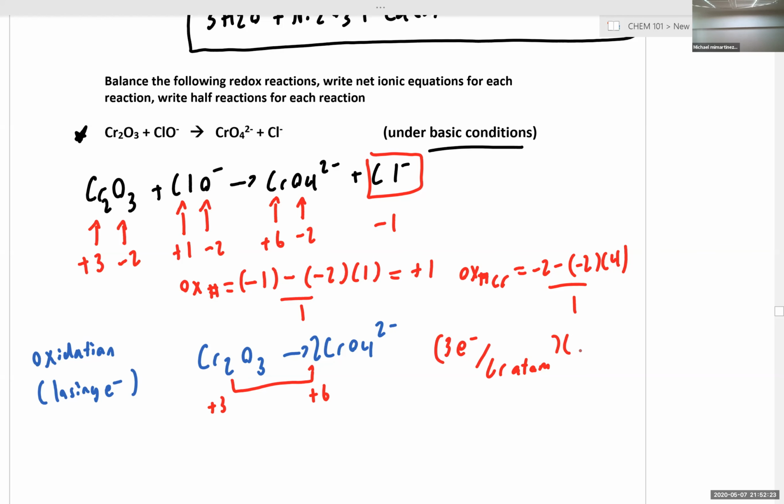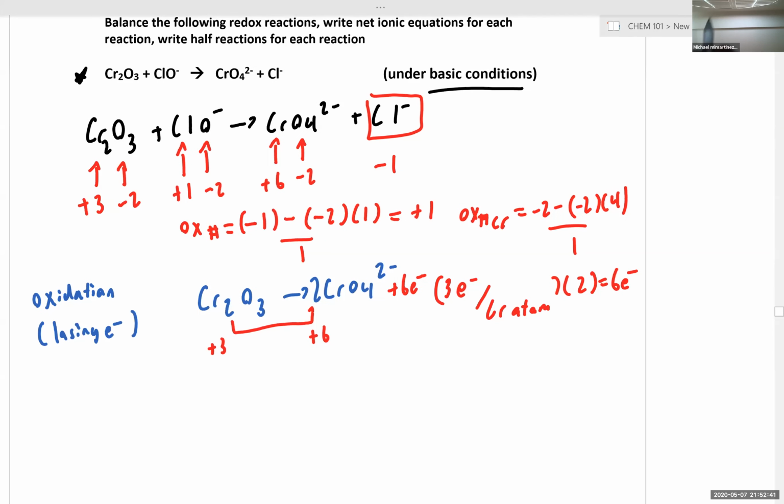And we have 2 atoms, so that gives us 6 electrons. And where do we put those 6 electrons? On the left or the right? The right, yep. Okay, so let's now rewrite this equation because there's still more work to be done on this equation.